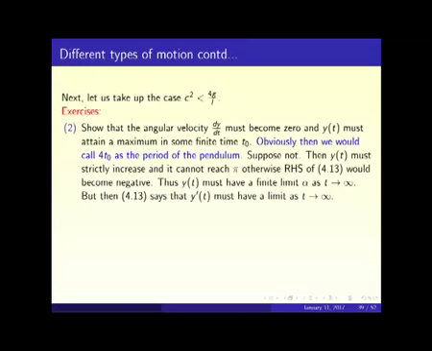Now, suppose not. Suppose it doesn't happen. That means that the derivative is never 0. Then what happens if the derivative is never 0? Then again y of t must be monotone increasing as before. But this time y of t cannot reach pi, because if y of t reaches pi, then sine squared y by 2 will become 1 at that particular point, because y by 2 will be pi by 2 and sine pi by 2 is 1.